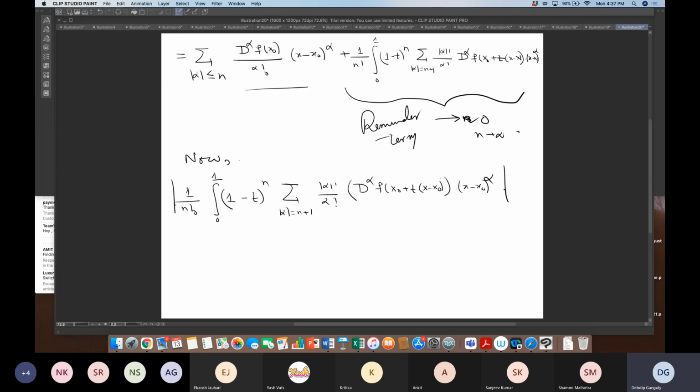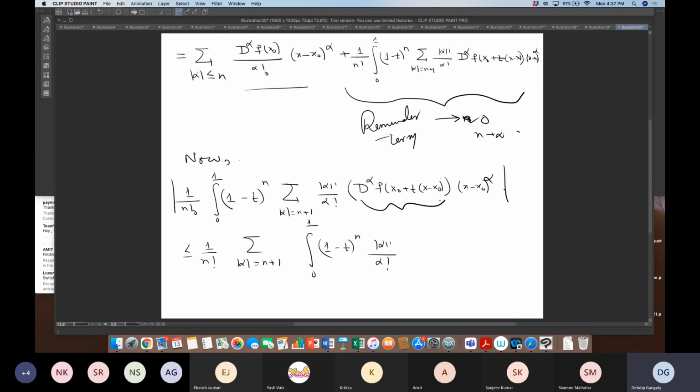This modulus I have to show goes to 0. This is less than or equal to the modulus. As this is a finite summation, it can come out of the integral 0 to 1, (1 minus t) to the power n, mod alpha factorial by alpha factorial. You take the derivative of this.